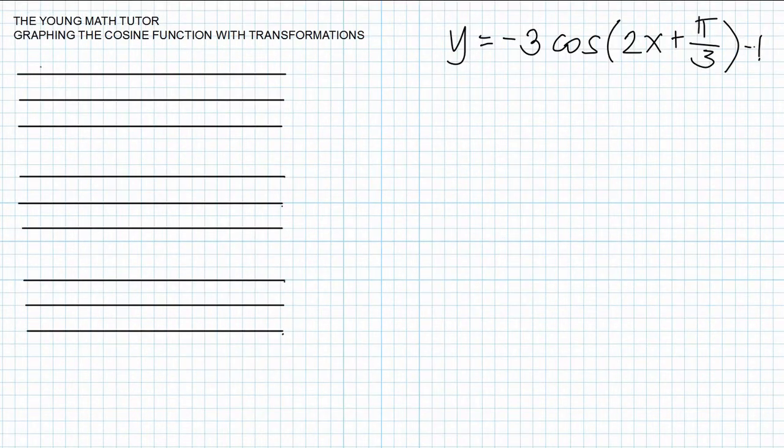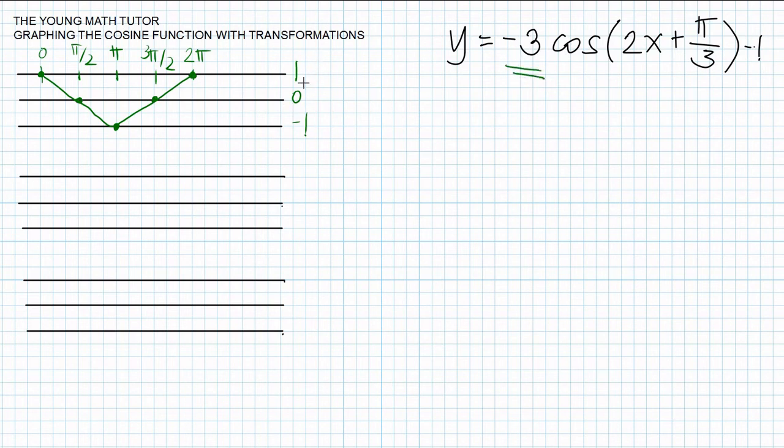Now let's proceed with graphing the cosine function with transformations where the amplitude is negative. So first, let's graph the general form of a cosine, which is at 0, it's 1, at pi over 2, it's 0, at pi, it's negative 1, and then at 3 pi over 2, it's 0, and at 2 pi, it's 1. So as we have established earlier, the amplitude literally amplifies the value of the cosine function.